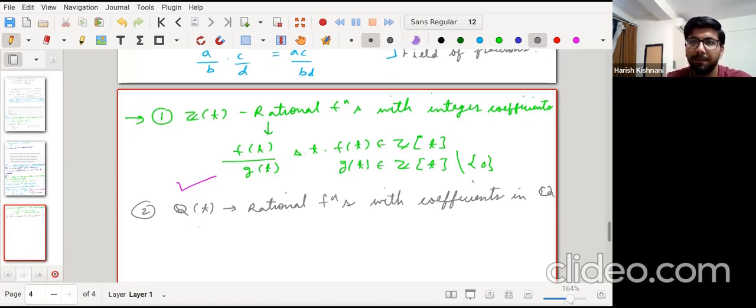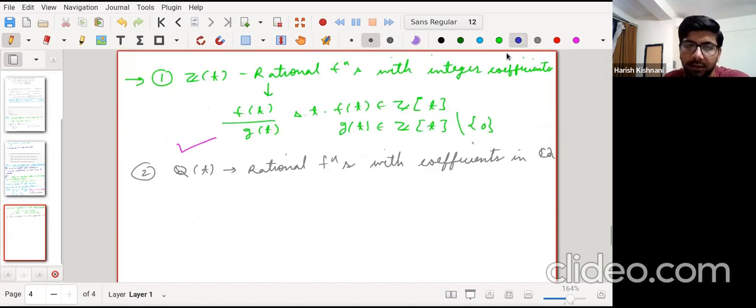Why? Because you can see that Z[t] is inside Q[t], right? If this function has integer coefficients, then it has rational coefficients. Any function of this form is going to be inside this Q(t).